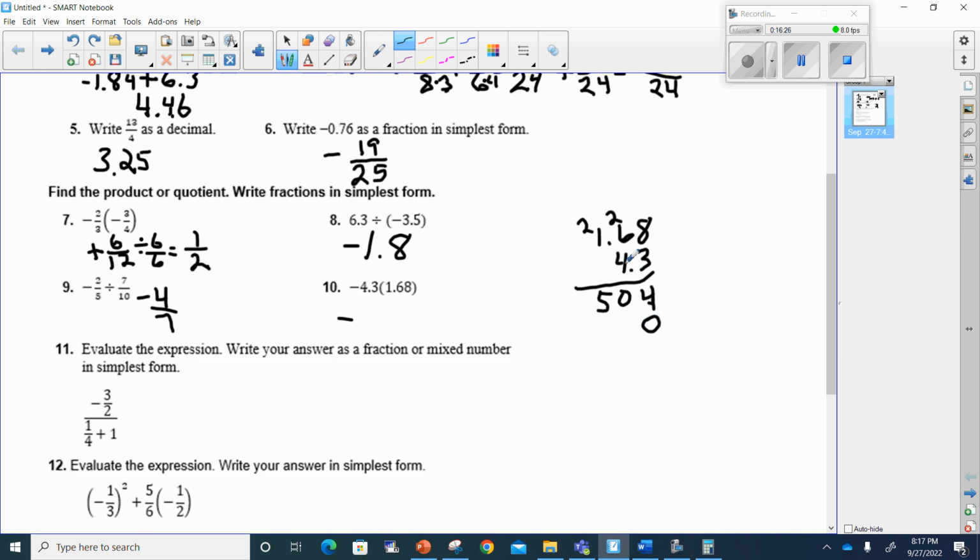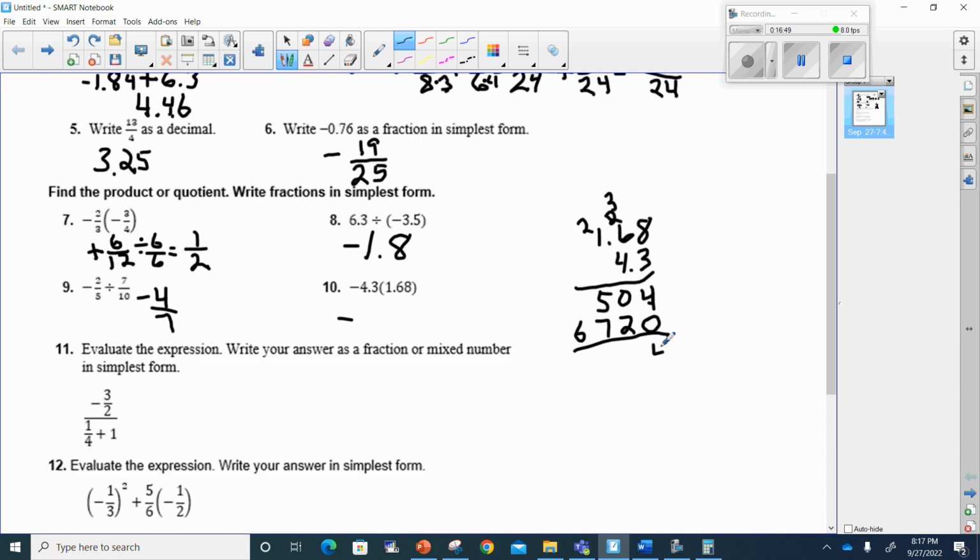Put a 0 here. 4 times 8 is 32. 4 times 6 is 24. 24 plus 3 is 27. 4 times 1 is 4, plus 2 makes 6.